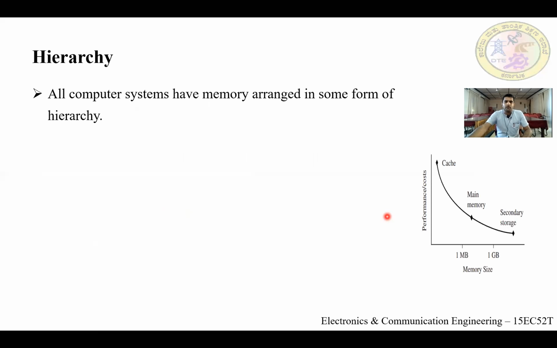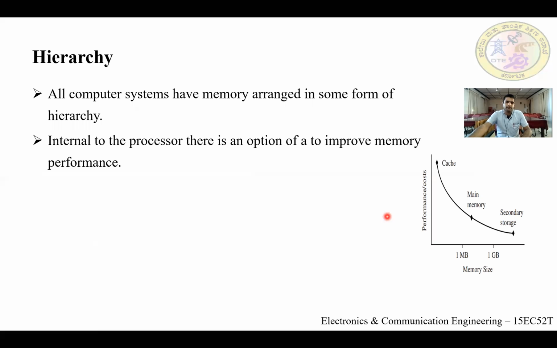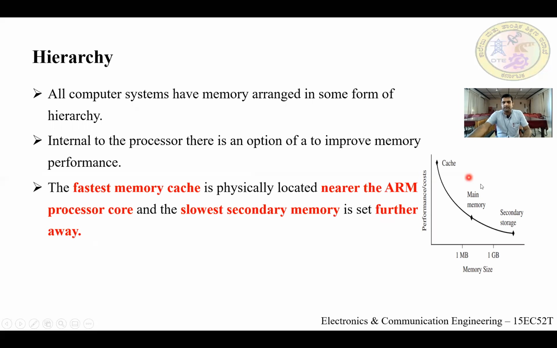All computer systems have memory arranged in some form of hierarchy. Next to the processor, there is an option to improve the memory performance. In this diagram, we can see there are three types of memories. One is cache, another one is main memory, another one is secondary memory.